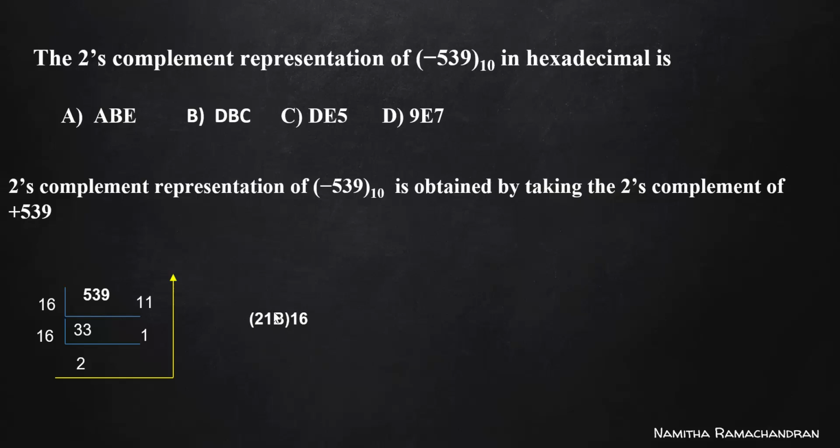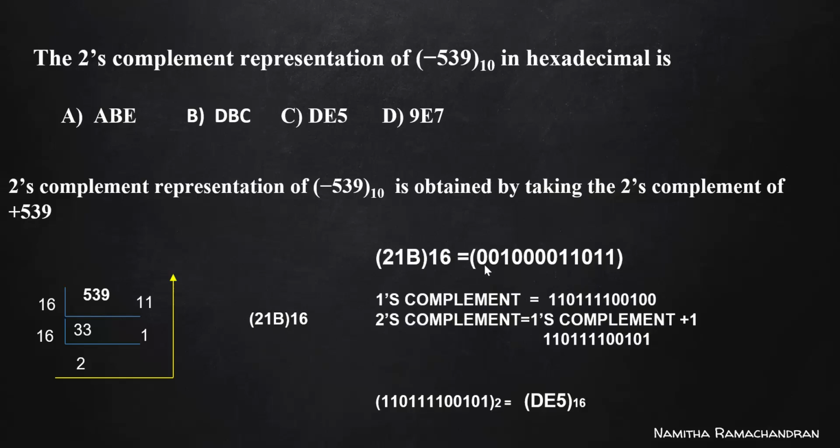So this hexadecimal number, we can directly convert into its binary equivalent. Sorry, B can be represented as 1011 using 4-bit representation. 1 can be represented as 0001 and 2 can be represented as 0010. This is also a different method for getting the solution of this question.